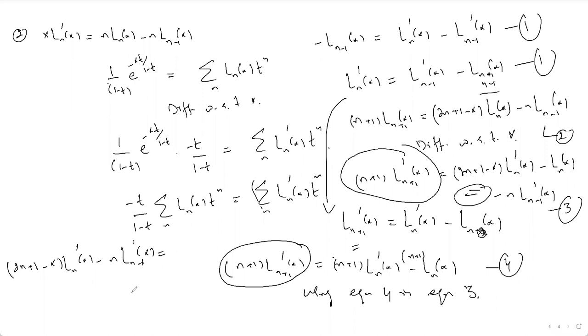I will write here directly. So it will be (n+1) L'_n(x) minus (n+1) L_n(x) minus L_n(x). So using this equation 4 in equation 3, you can see you will get this particular equation.